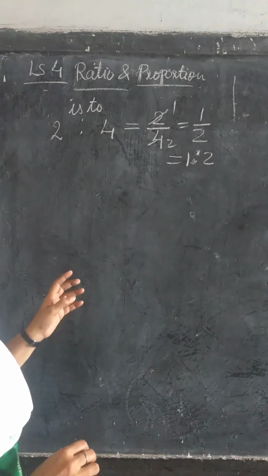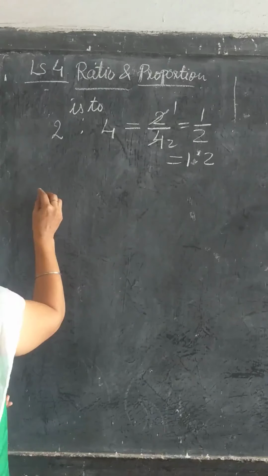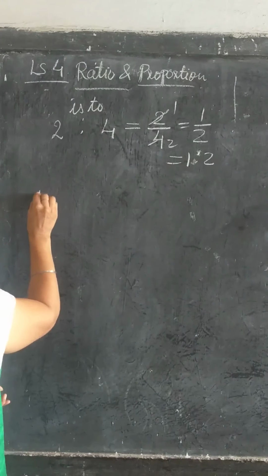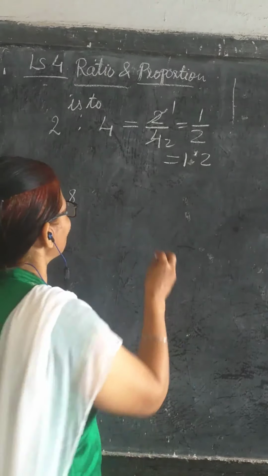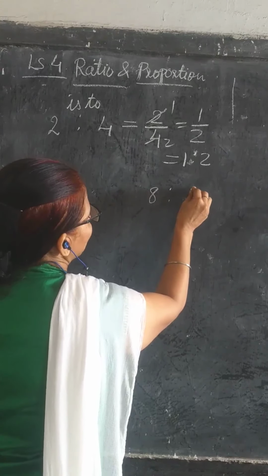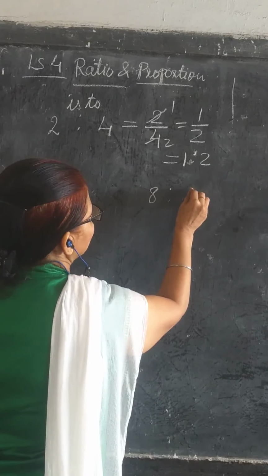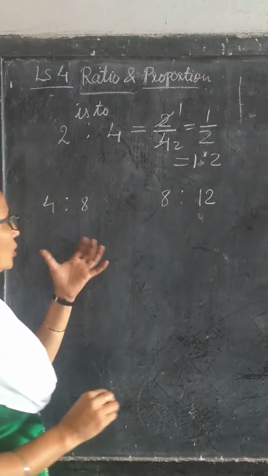Now let's see what is meant by proportion. Suppose here I have two numbers 4:8, and your friend has two numbers 8:12. Now let's compare these.